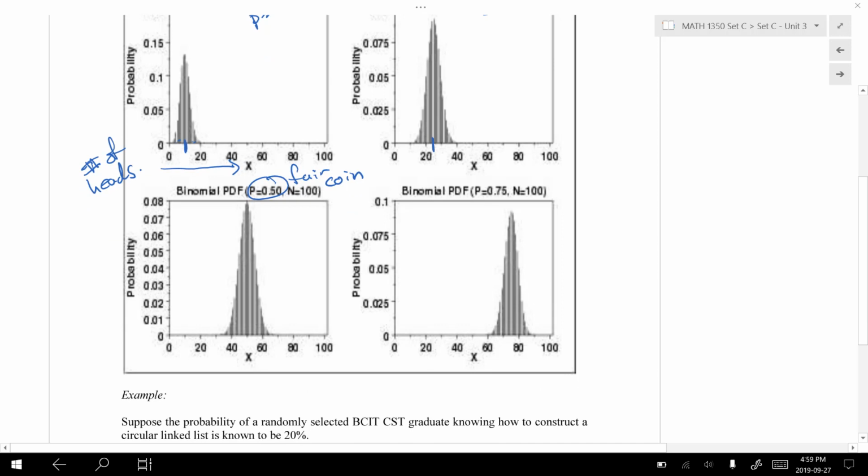We've got the fair coin here, which is split right on 50-50. And this 75 here, maybe this is a coin that's weighted in favor of heads. We've manipulated it in order to succeed more often. So this weighted coin comes up heads 75% of the time.